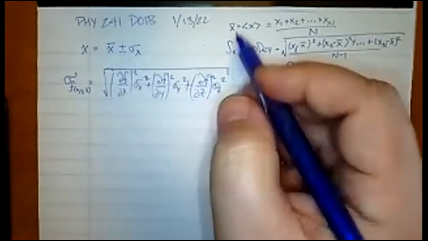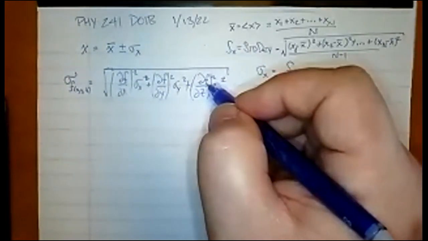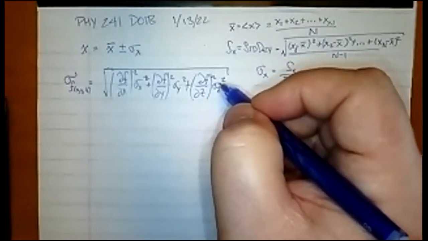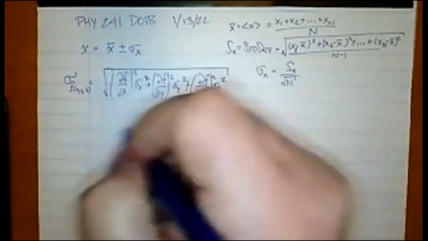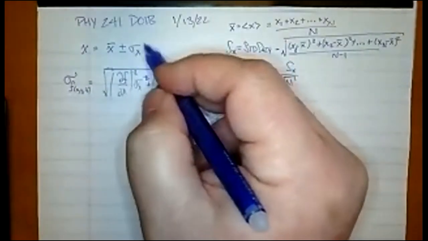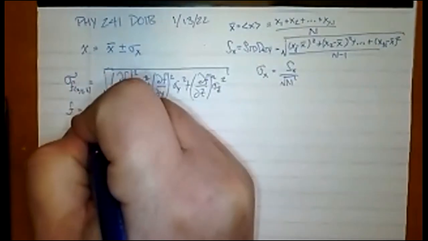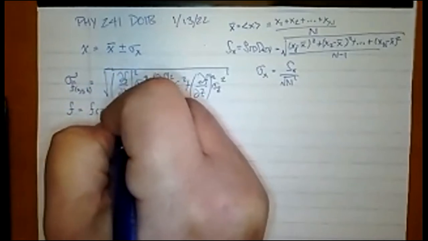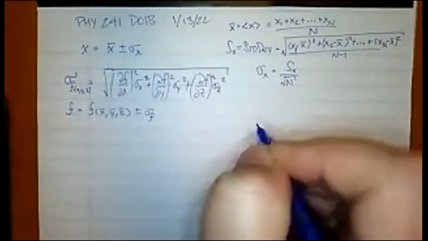And then you add to that, again, take the derivative, this time acting like the x and y are constant, square that, and then multiply it by the square of the uncertainty in z. Take the square root of all that, and that spits out what would be after the plus or minus in f. So then your f would be f of x bar, y bar, z bar, plus or minus sigma f.